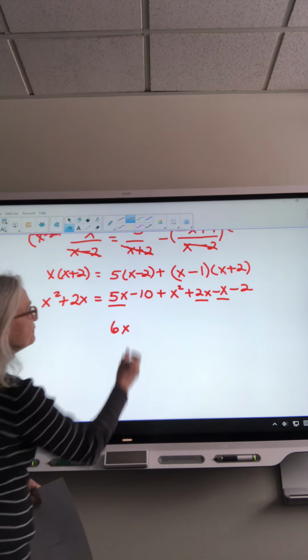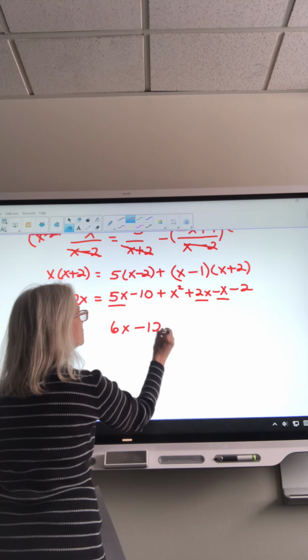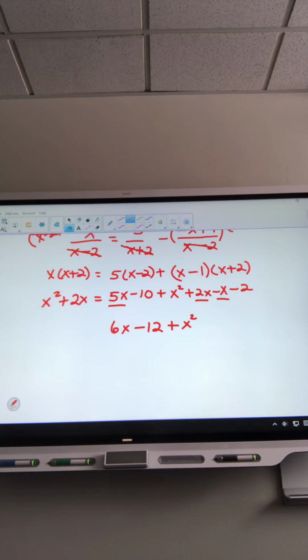Then we have a -10 and a -2, which would give us a -12. And then we just had the x squared all by itself. I'd like to rewrite it. I'm going to give you a minute again to look at this.